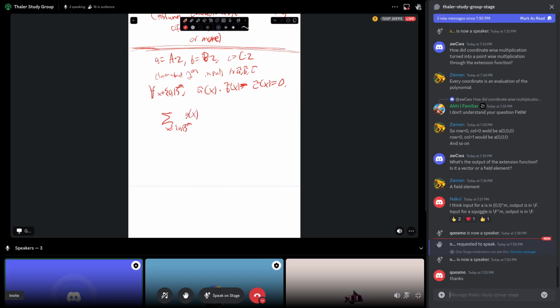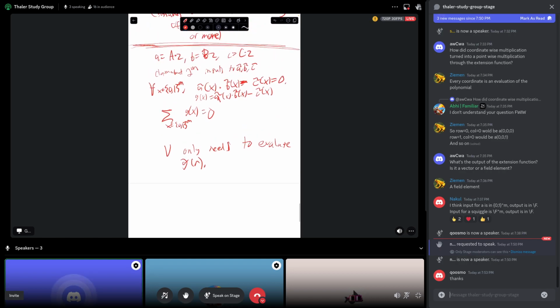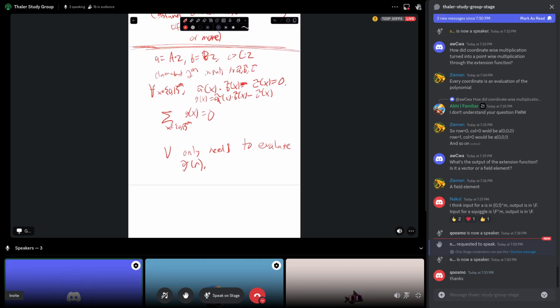But just imagine it did work, where g of x was a twiddle of x times b twiddle of x minus c twiddle of x. We apply sum check. Now the verifier at the end only needs to evaluate g twiddle at a single point, g twiddle of r.